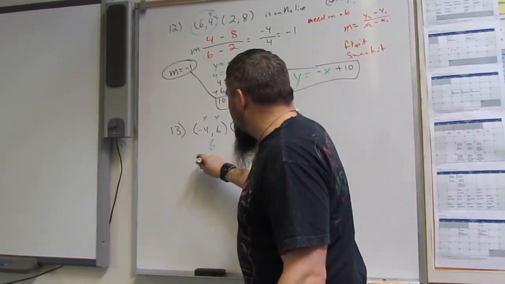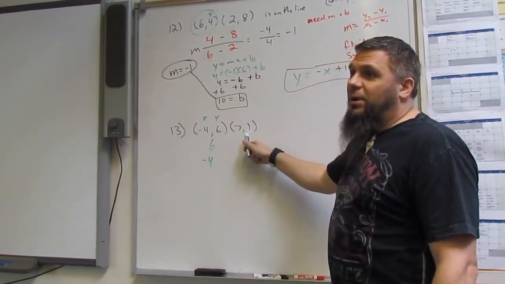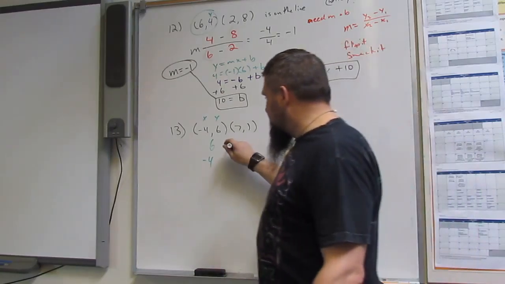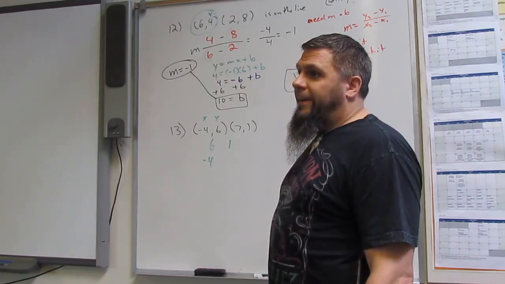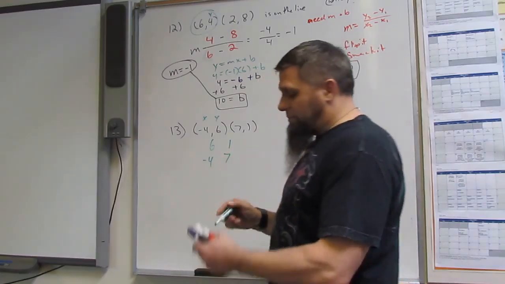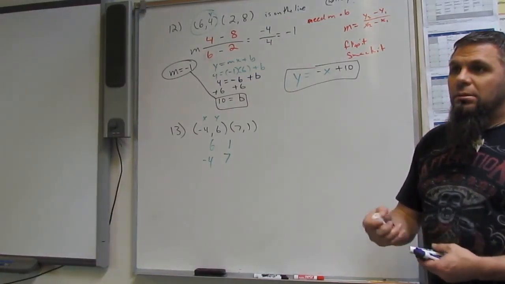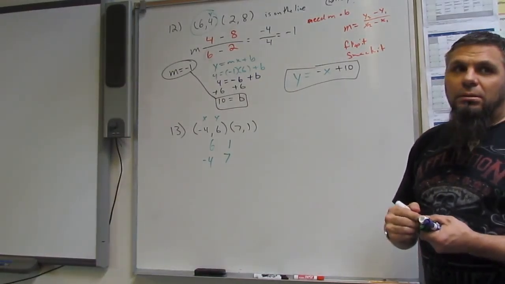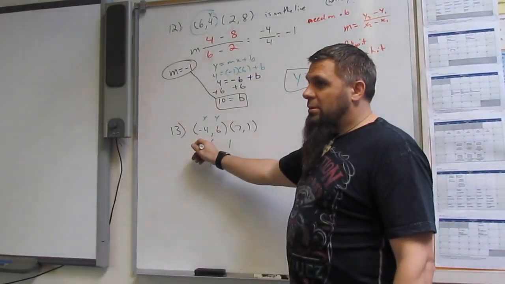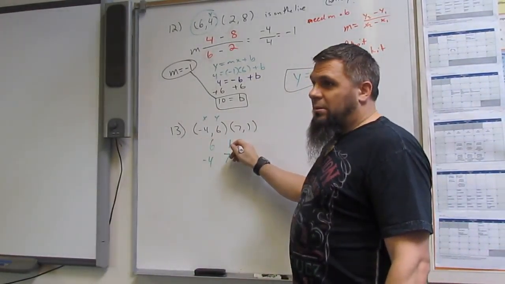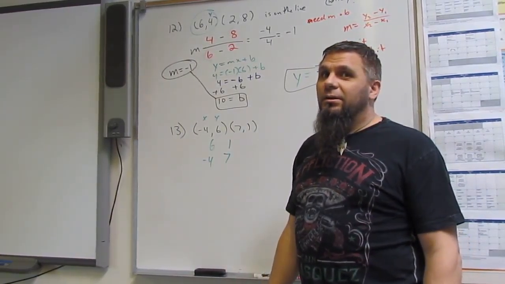So 6 and negative 4. So which one of these is on top? Which one's on bottom? 1 is on top, 7 on bottom. Okay. Where do I smack it?